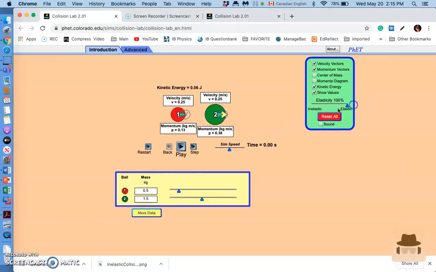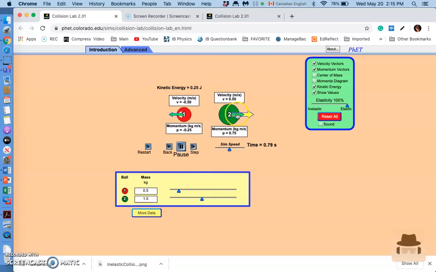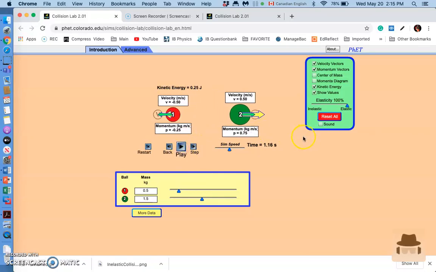If I make it elastic, look at the conservation of momentum: 0.5 plus 0 is 0.5, kinetic energy 0.25. Now, if I hit the play button, after collision both of them went separately. They did not stick together. If I add the momentum, 0.75, and this one goes left, it will be negative 0.25.